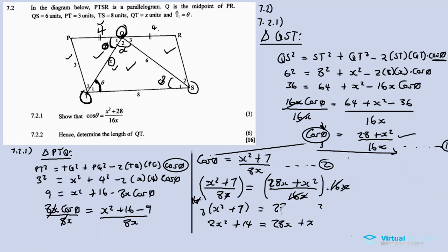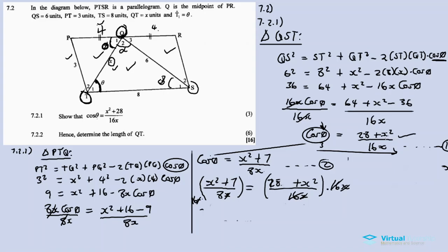But I see now. It's this thing here, it's not 28x. It's 28 plus x squared divided by 16x.